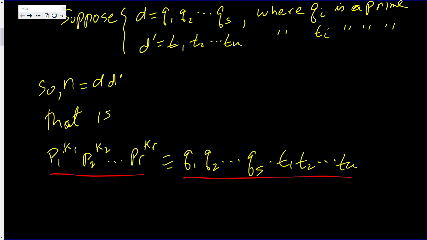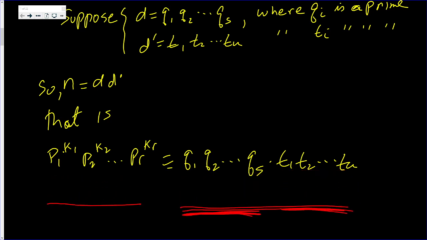Why did I not really call this prime factorization? It really is, but it is possible that d contains a prime that the t's also contain. There's nothing preventing that. Think about why that's true. There's nothing preventing q2 equaling t sub u.